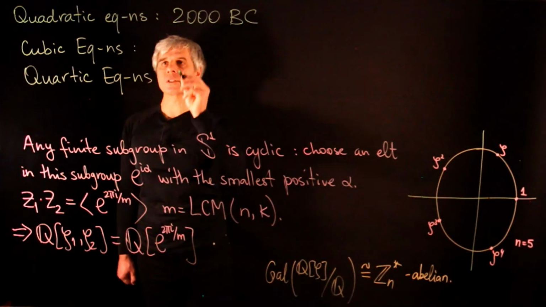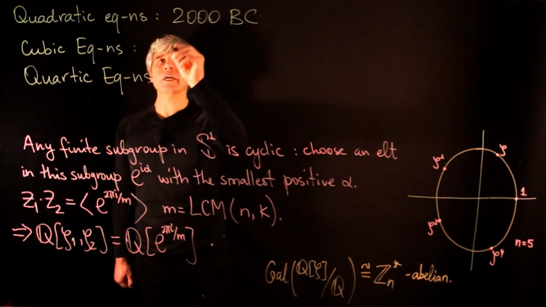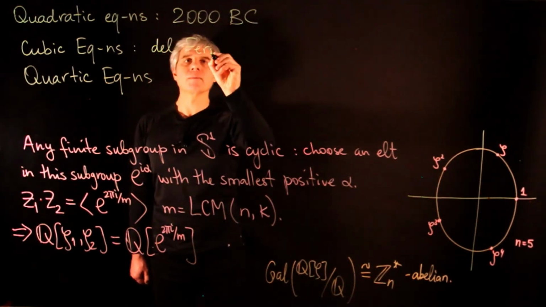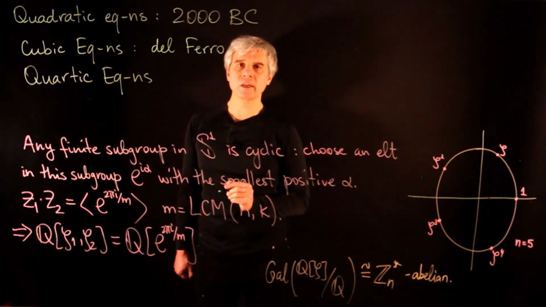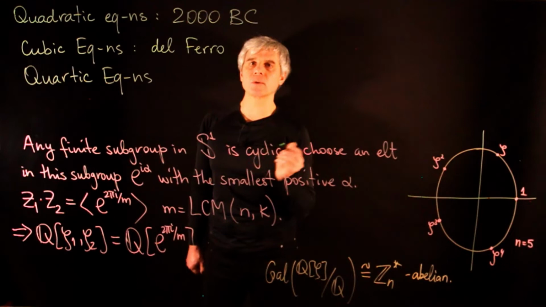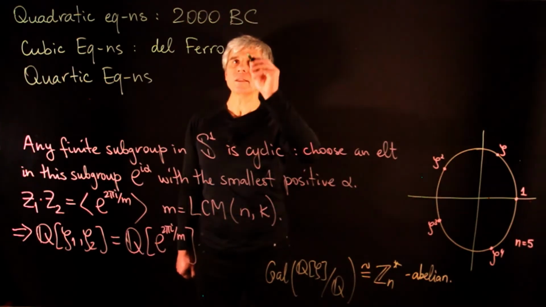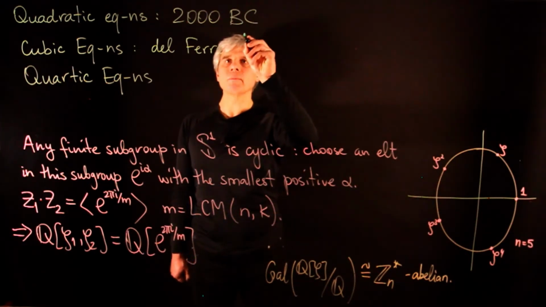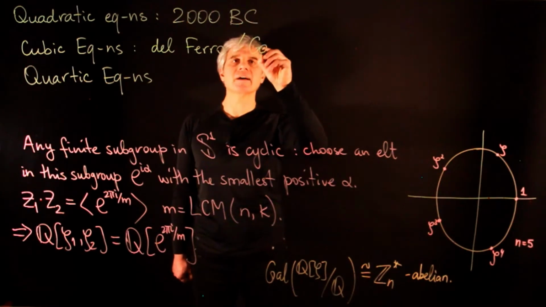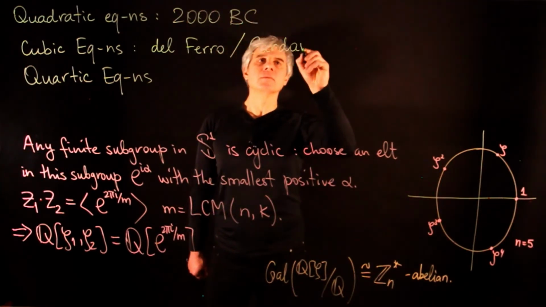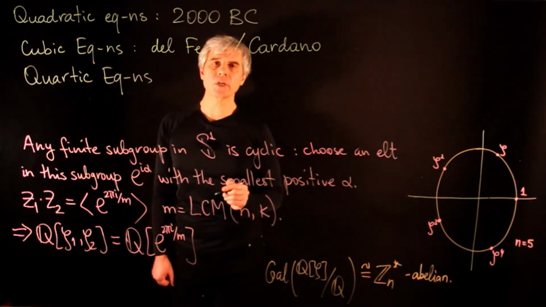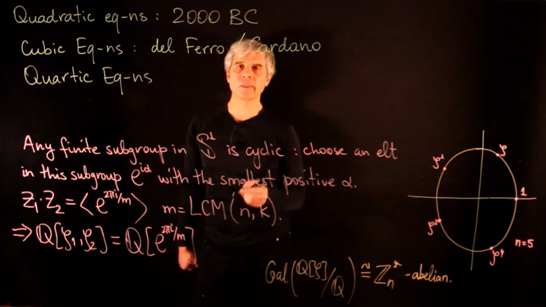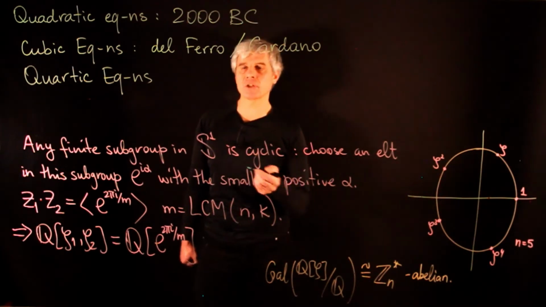For cubic equations, this was found by Del Ferro, who kept his formula secret for most of his life and revealed it only on his deathbed to one of his students. And it was published in a more general form by Cardano. The formula for the solution of cubic equations is much more complicated than the formula for quadratic equations.